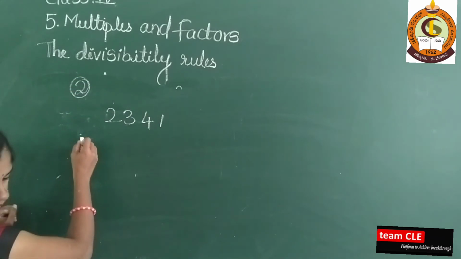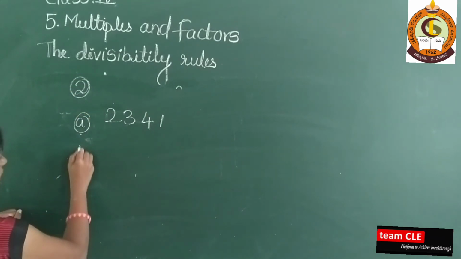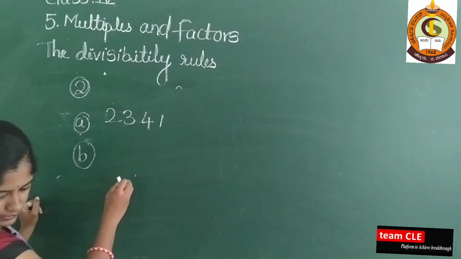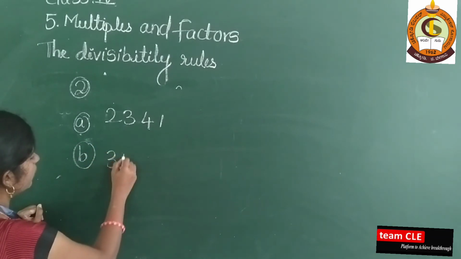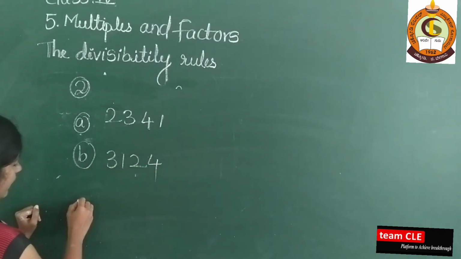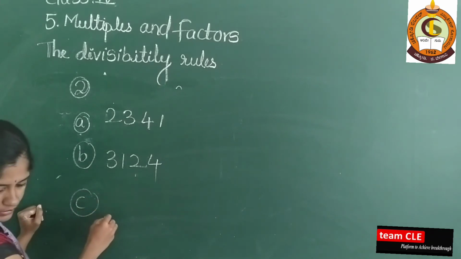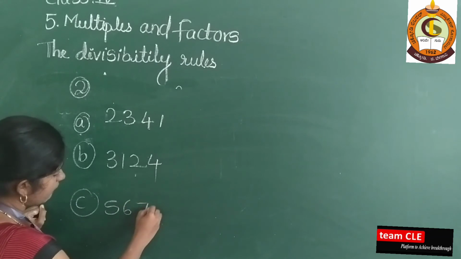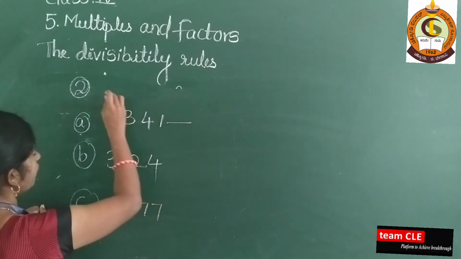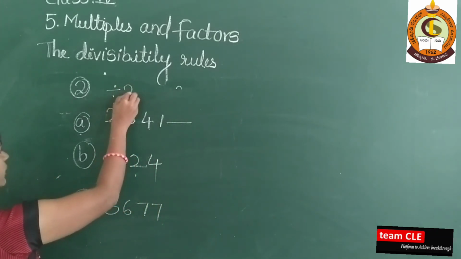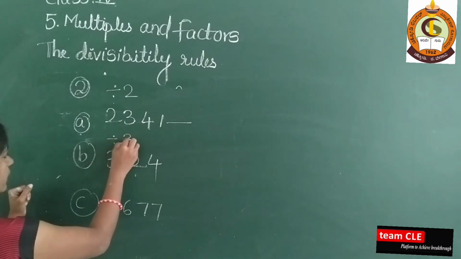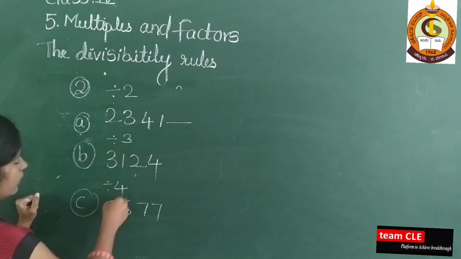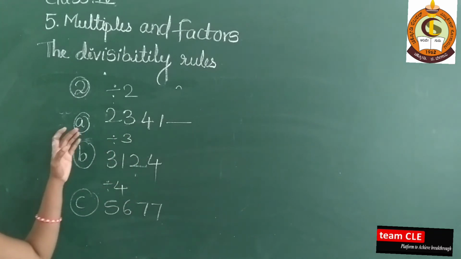Second is B, and that is 3 1 2 4. Next C is divisible by 4: 5 6 7 7. So if I want to divide this number by 2, by 3 and by 4, which number do I have to add here?